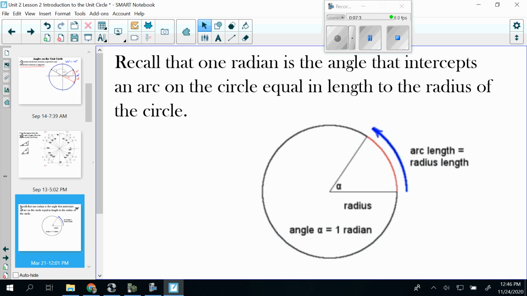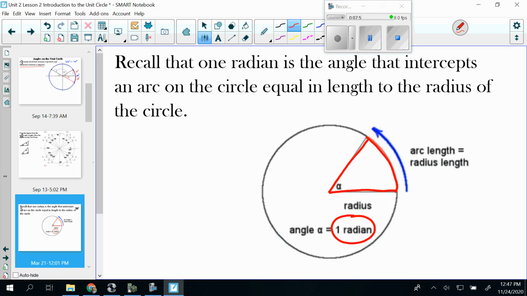Now, from previous lessons, we learned that 1 radian is where you take the radius and then whatever that radius amount is, if you curl it along the circumference of the circle, that angle it measures out here would be 1 radian.